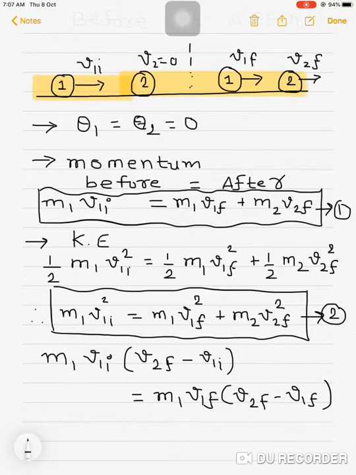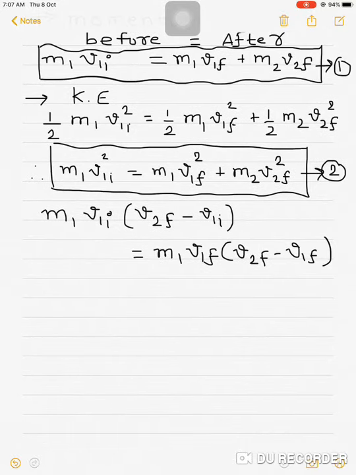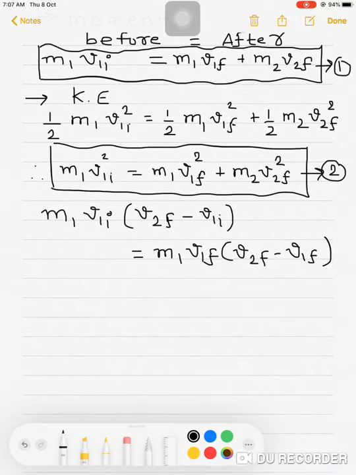I will explain how this term comes into the picture, which is interesting.